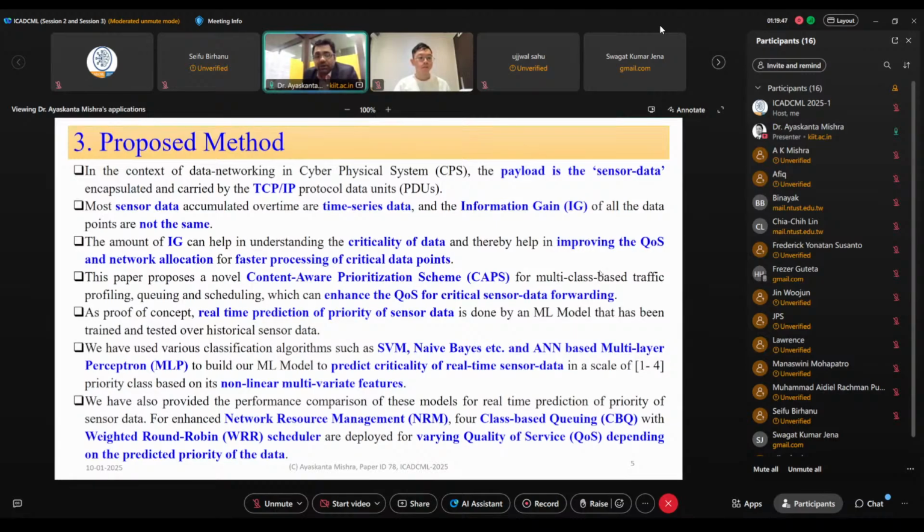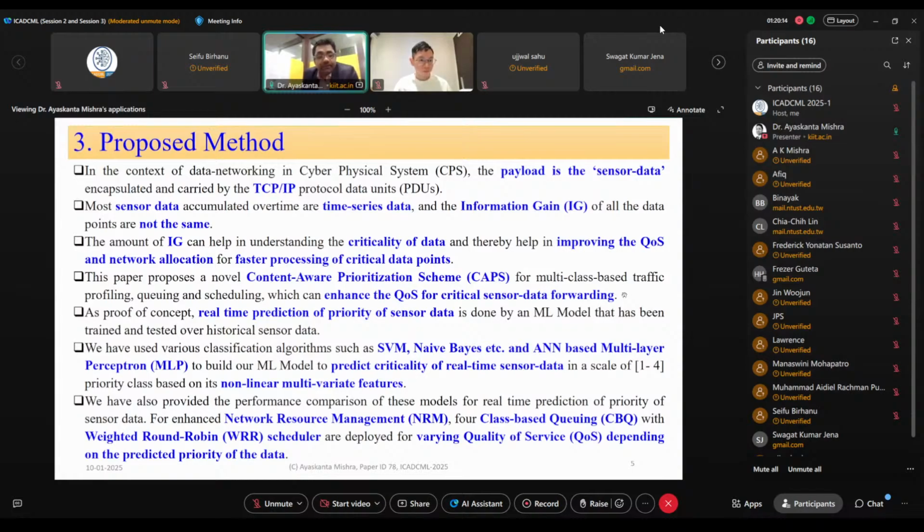In this paper, we have proposed a content-aware prioritization scheme, which is a multi-class based traffic profiling, queuing, and scheduling mechanism, which will enhance the quality of service of critical sensor data forwarding. For proof of concept, we have used real-time prediction of priority-based sensor data done with machine learning based models, trained and tested on the temperature sensor data that we have taken.